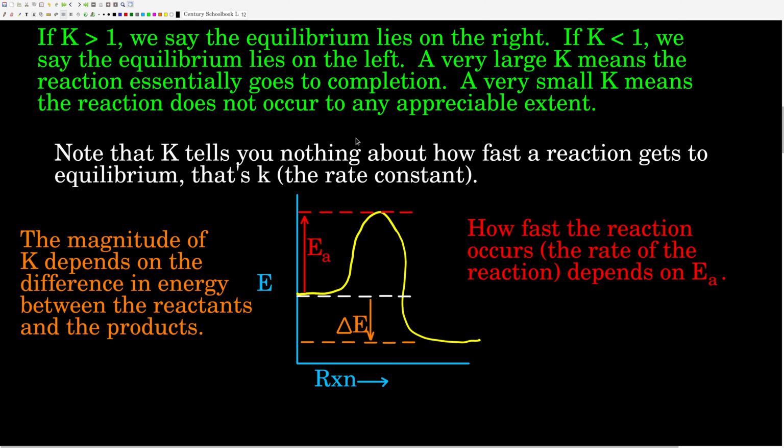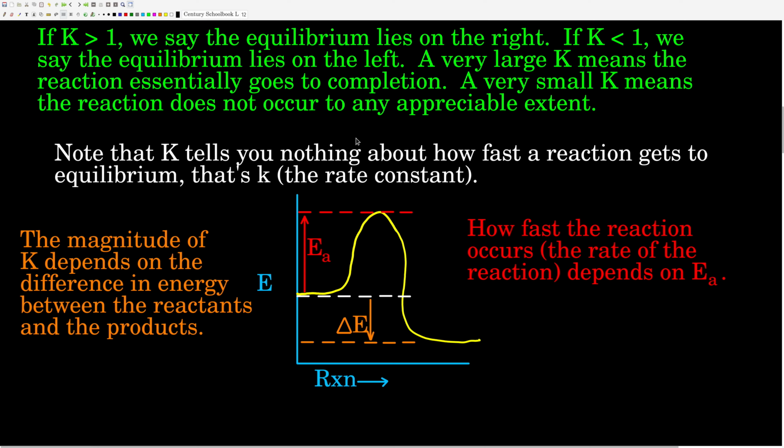But for a practical matter, if K is large enough, the amount of products that go back and reform reactants is so small that either we can't measure it or it's lost in the sig figs somewhere. So for us, that's basically a single arrow. Likewise, a very small K means we have so few products, almost all reactants. What we say is that reaction does not occur to any appreciable extent.